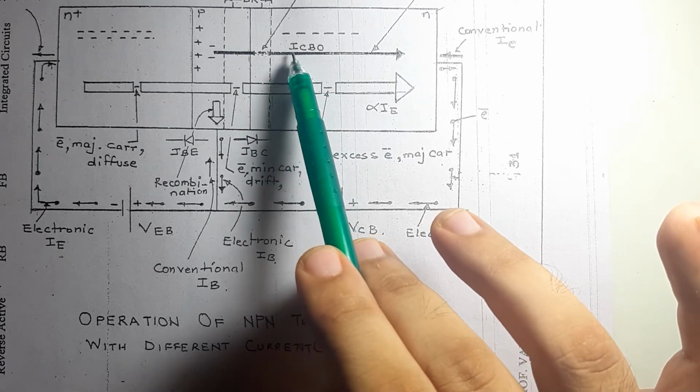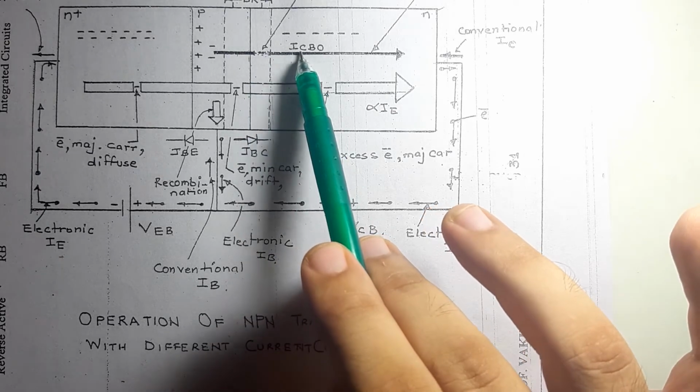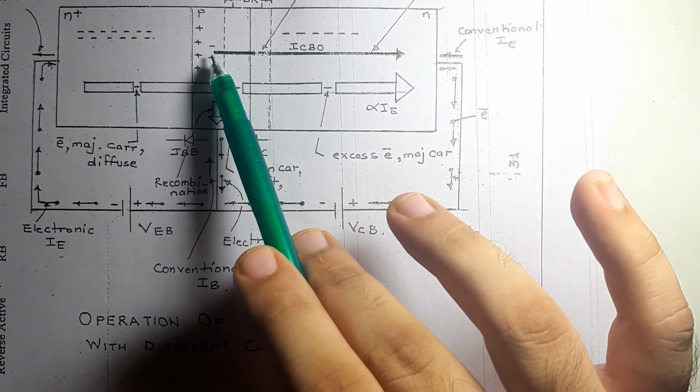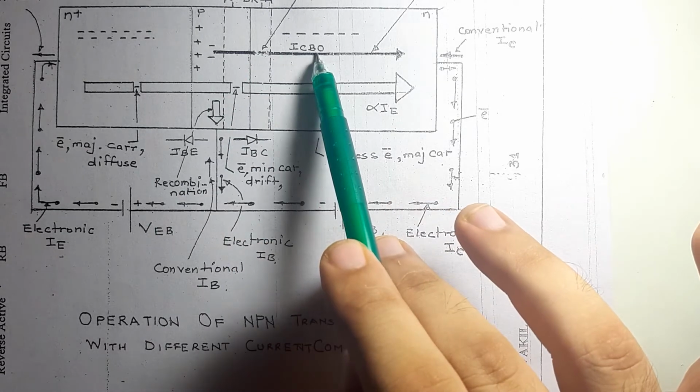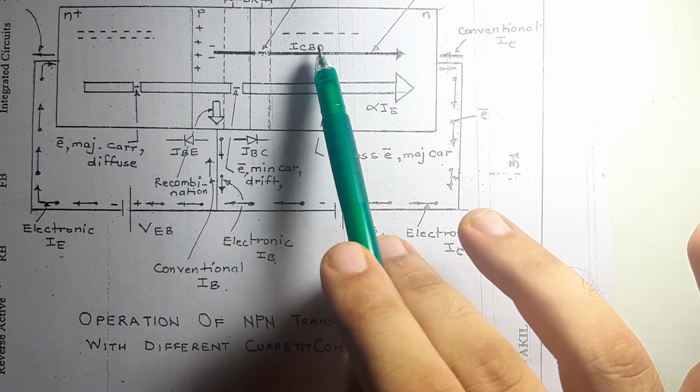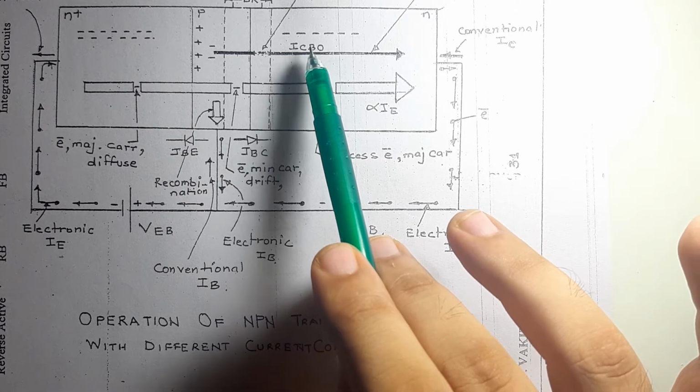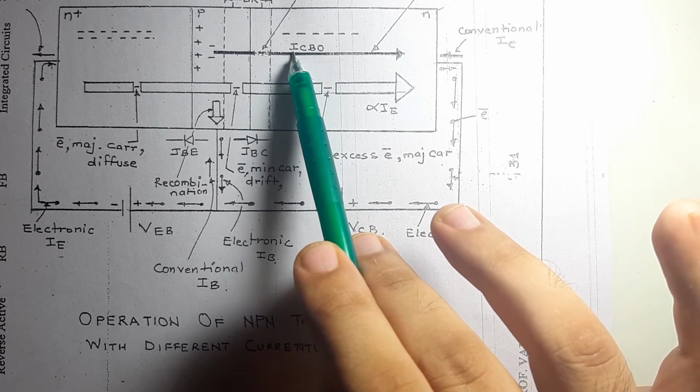Now why the name conventional leakage current flowing from collector to base? Because the movement of electrons is from base to collector, but we say that the current movement is opposite to the movement of electrons, hence this is named as conventional leakage current.